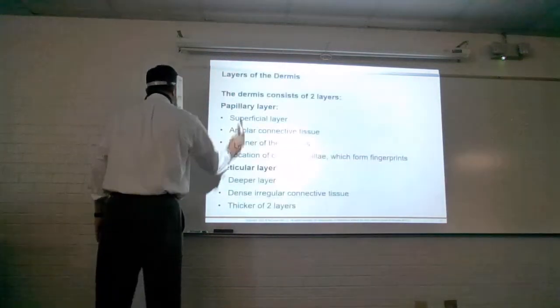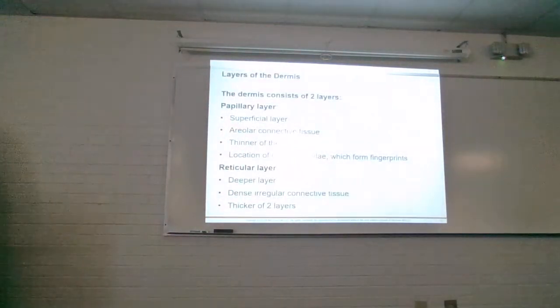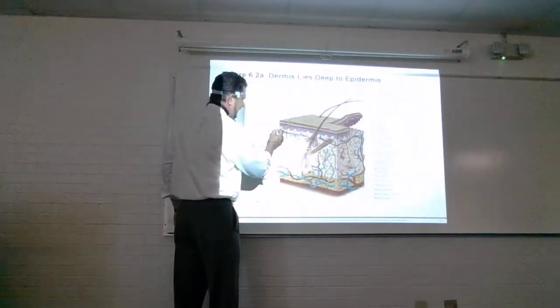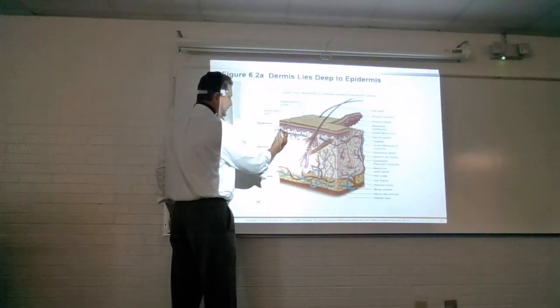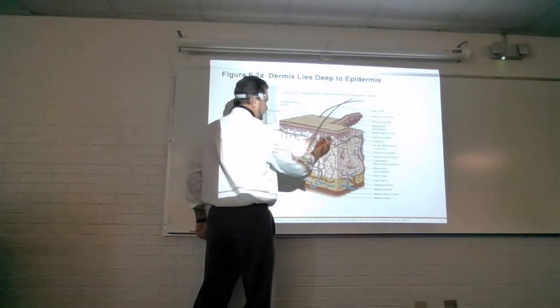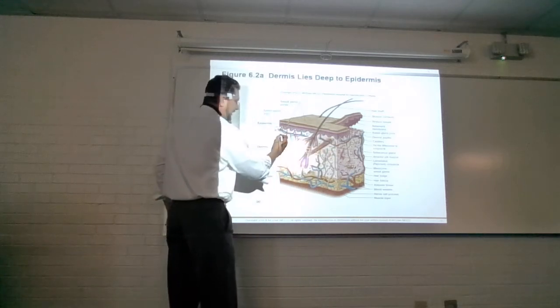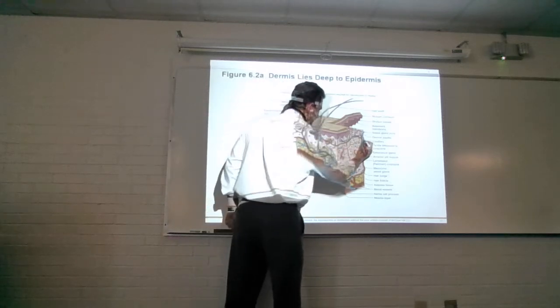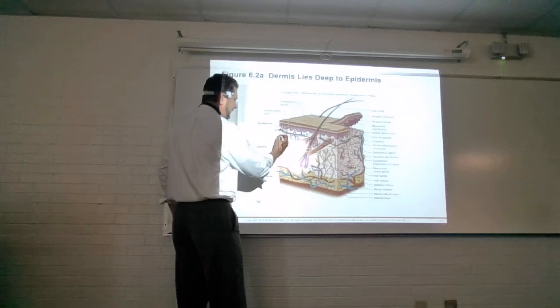Now, the difference between these two, if I go to the next picture, this right here is that capillary bed we're talking about, the arteries and veins with these little finger-like extensions that go up. If I was going to draw a dividing line between the papillary layer and the reticular layer, it really is that this is about that small.